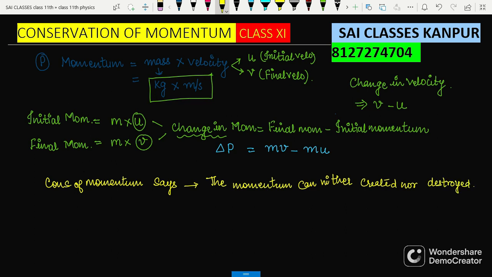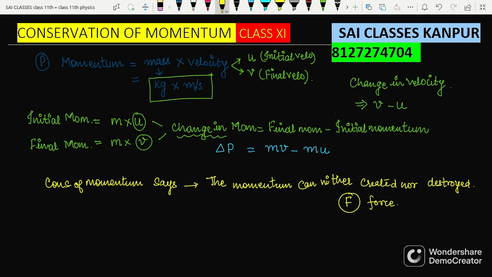This is what conservation of momentum means. It would never change unless and until you are applying force. If you are applying some external force, only then it would change.